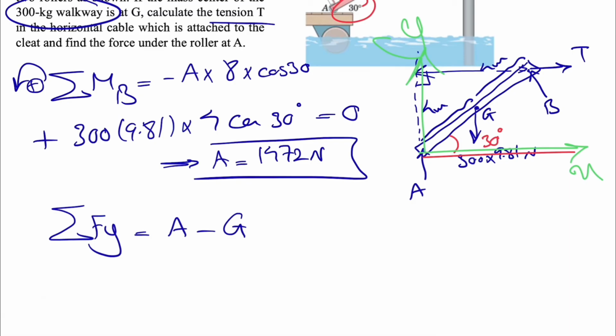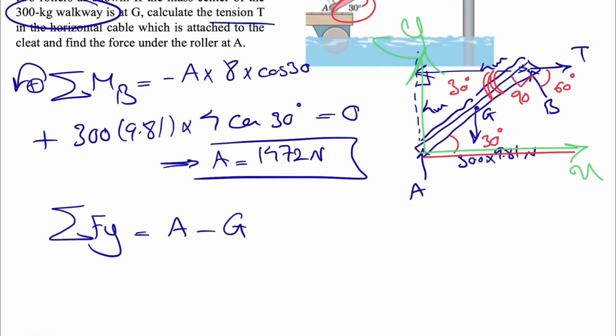We know that B is a normal force, so this angle is 90 degrees. And from the question, we know this angle in here is also 30 degrees. So we have so far 90 plus 30, which is 120, which means this angle in here is 180 minus 120, which is 60.